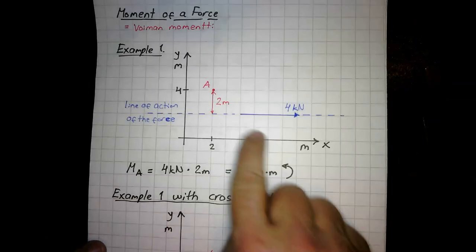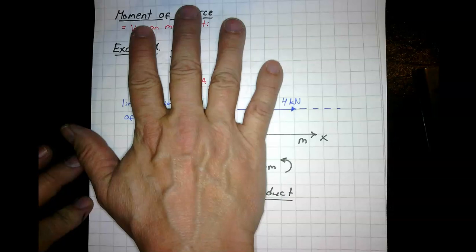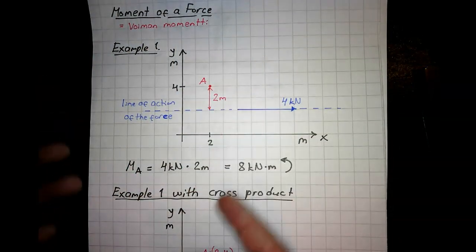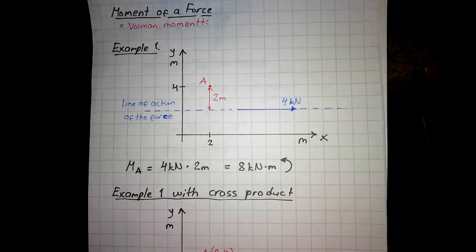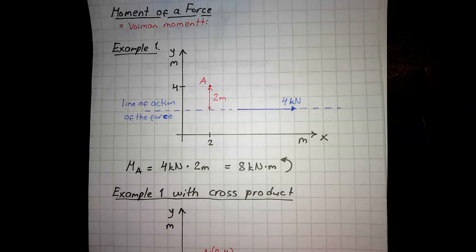So the force vector does not act in the xy plane, because in that case we could find the answer simply by watching this picture: 4 times 2 gives us 8.